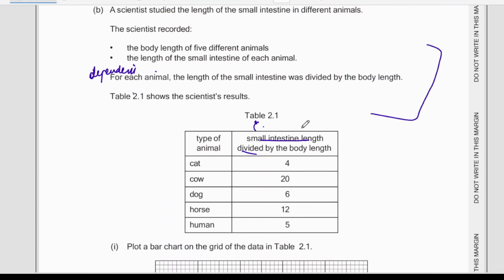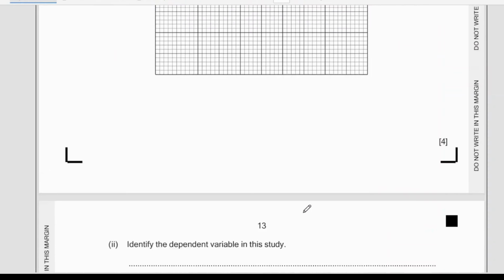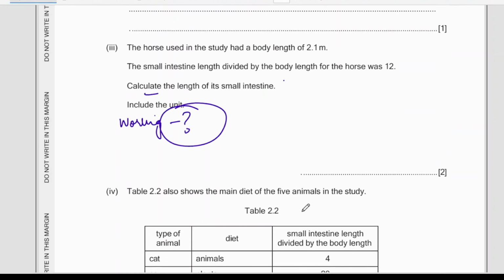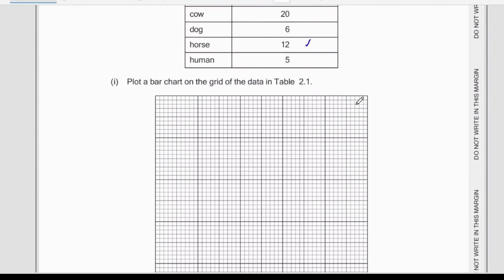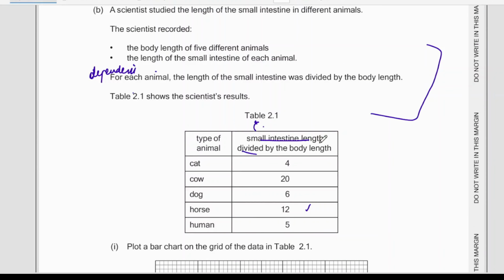Good one. Okay, let's have this. Small intestine length divided by the body length for horse is 12. So the overall length is 12. Okay, it's written 12. The body length is 2.1 meter. What is the unit over here?